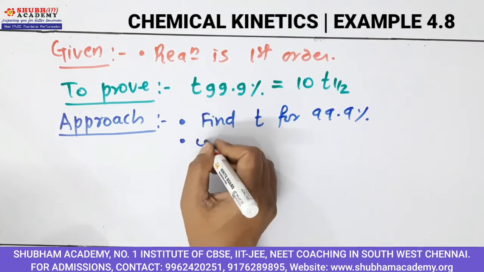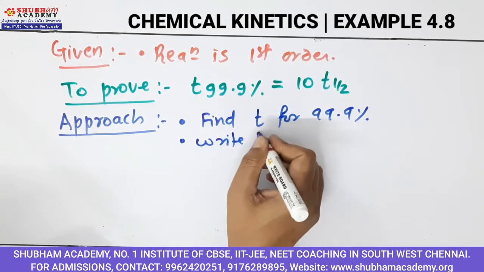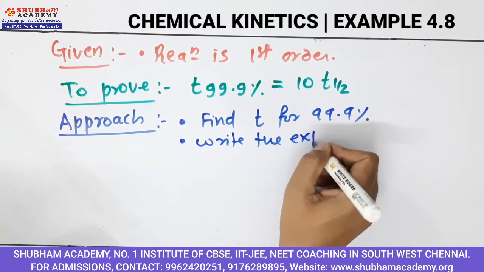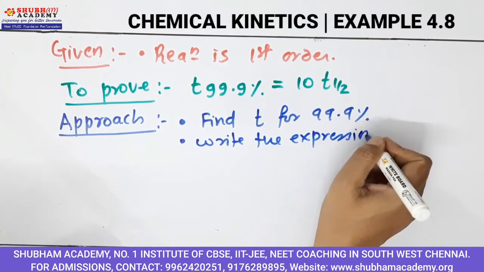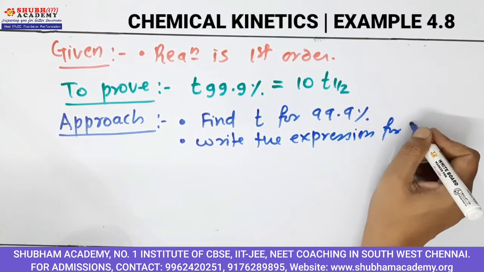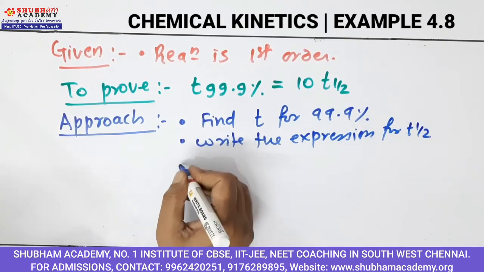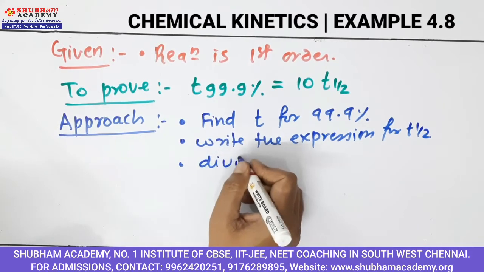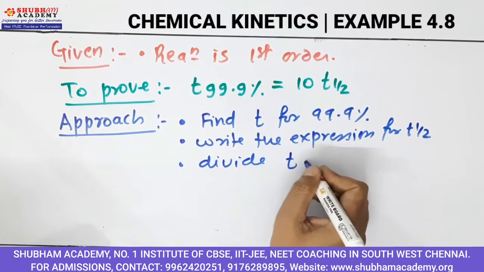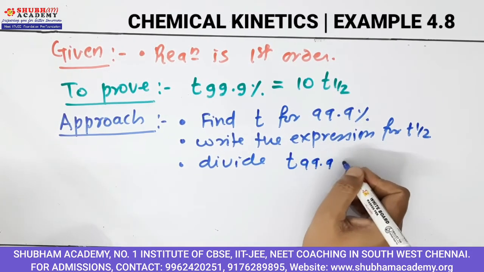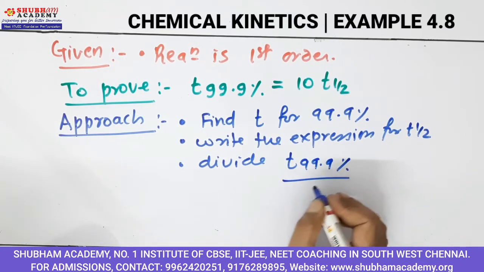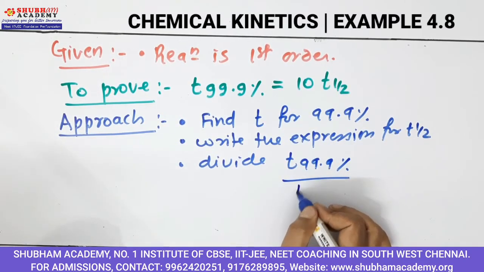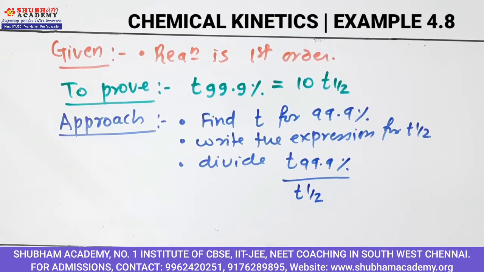Then write the expression for T half, and then finally divide T 99.9% by T half, right? So this should be our approach in solving the question.